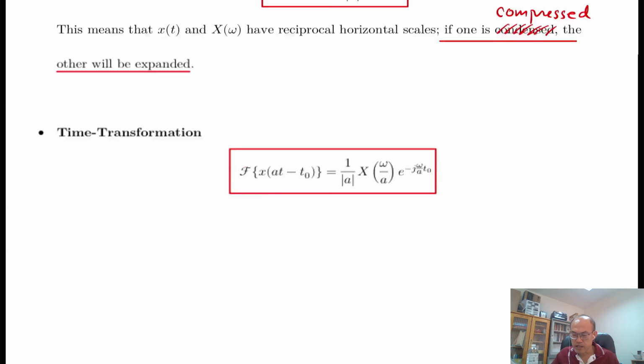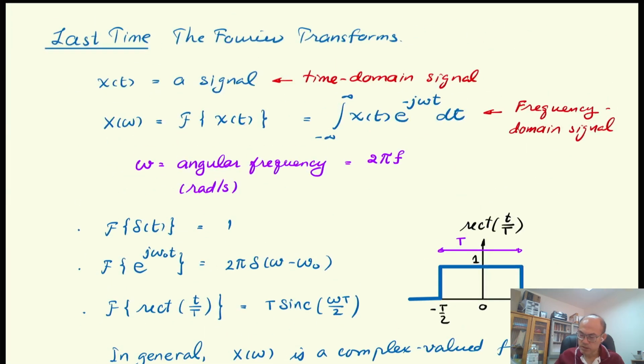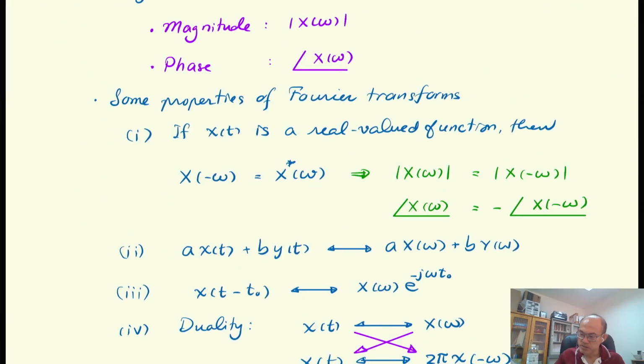We also had a couple more properties, and those were time scale and time transformation. We have run out of space.